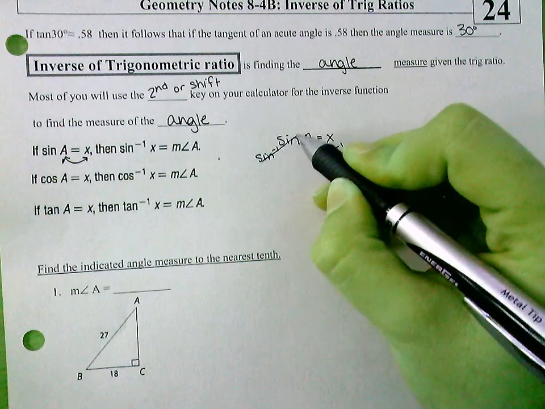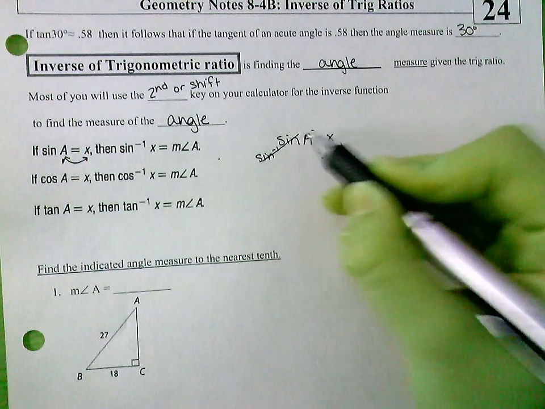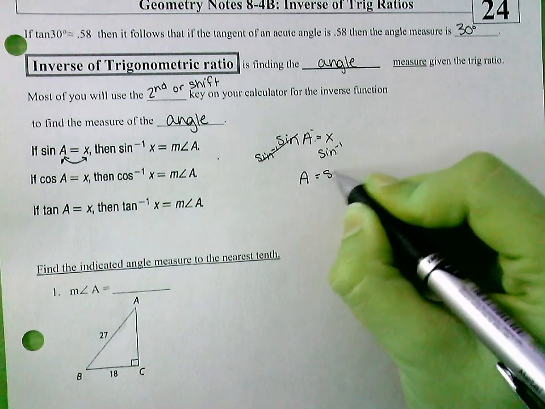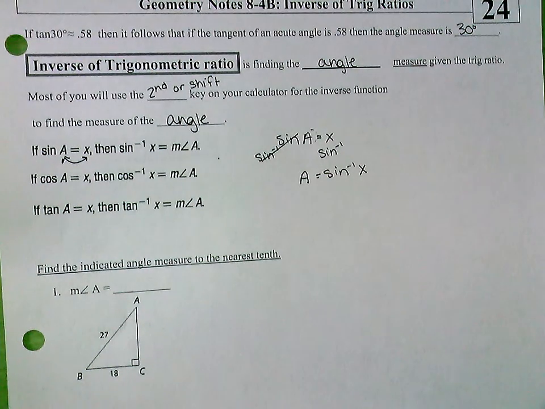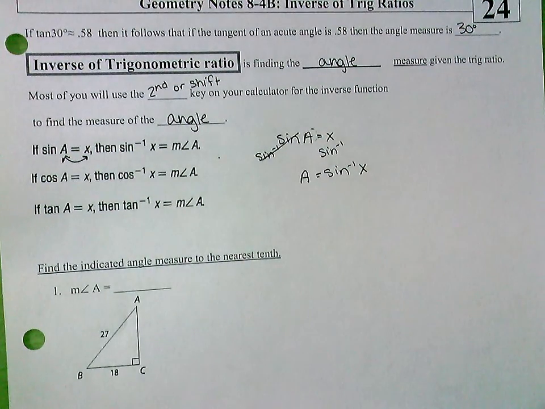That inverse will cancel out with that sine value, and I'm left with A on the left-hand side is equal to the sine inverse of x. So you're bringing in that sine inverse to both sides, it cancels out on one side, and it stays on the other. That is true for cosine and tangent as well. It's just cosine inverse with cosine and tangent inverse with tangent.